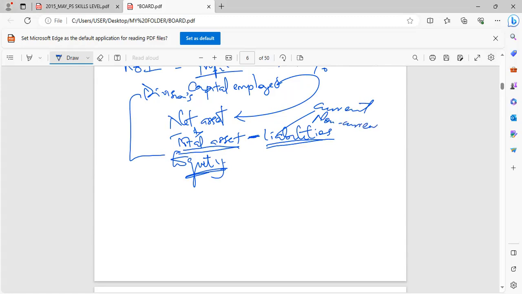Well, based on what I know and what I've checked online, it's total asset minus current liabilities, not all the liabilities plus non-current. It's just total asset minus current liabilities. So where does your non-current liability fall into? That's in order to ascertain the capital employed.